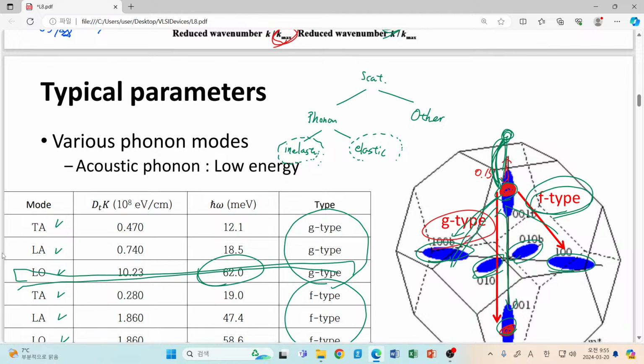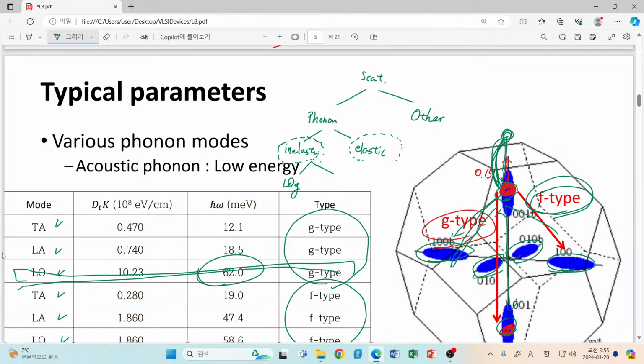For the remaining 50%, the energy relaxation due to this inelastic scattering, we can also divide it into 6 different cases, but here the LO phonon is dominant and its contribution is also about half, and all others.